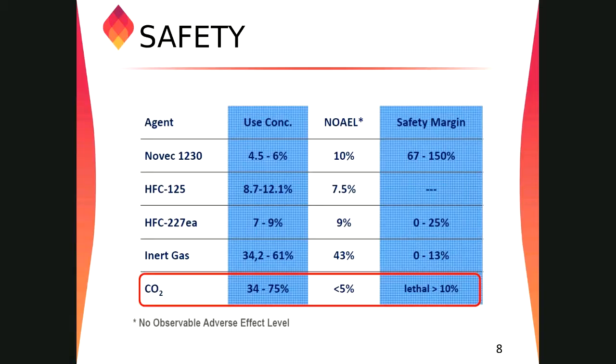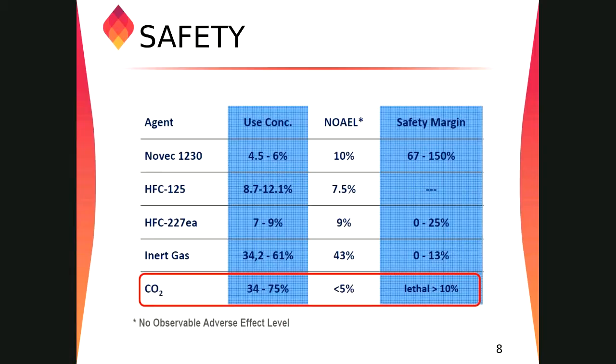So if your room volume is 1000, multiply that by 4.5%, and we need that much quantity by weight minimum in that room. So this is the concentration. Novec needs 4.5% to 6% of the room volume, and HFC 227ea needs a minimum of 7 to 9% of the room volume. That is the first column, about the concentration.